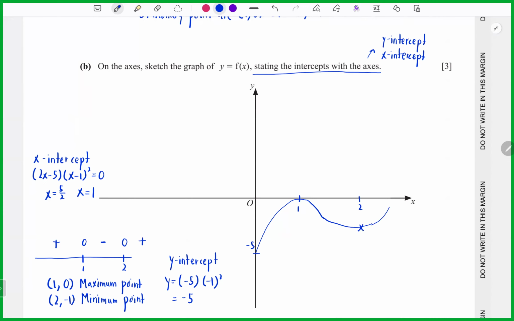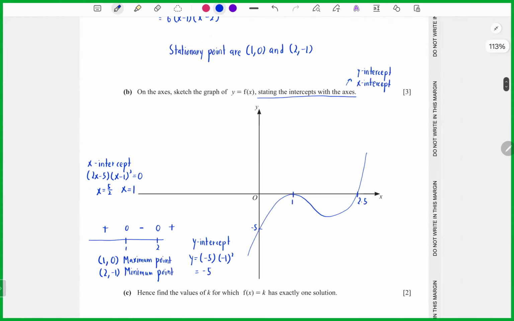And then you will intersect again here, 5 over 2. So your graph will show like this way. Now I try to complete. Here is 1. Negative 5. Here shows 5 over 2, or you also can write 2.5, no problem. I hope you can get it.